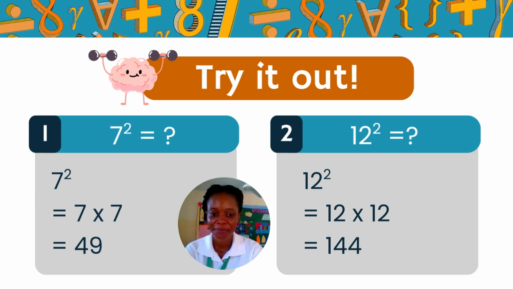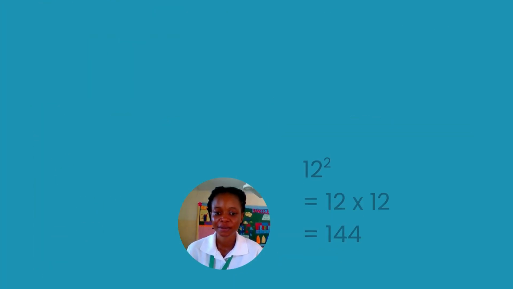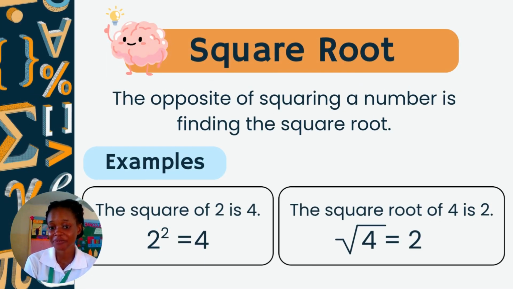So I hope you understand that. That brings us to the next phase of this class, which is the square root. Now, the square root is the opposite of squaring a number. So the opposite of squaring a number is finding the square root. So, for example, the square of 2 is 4.